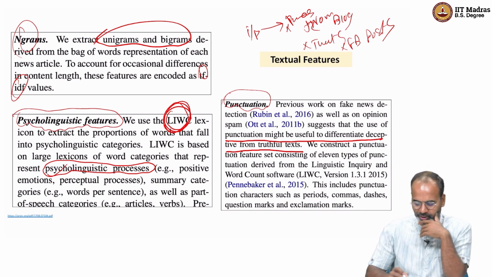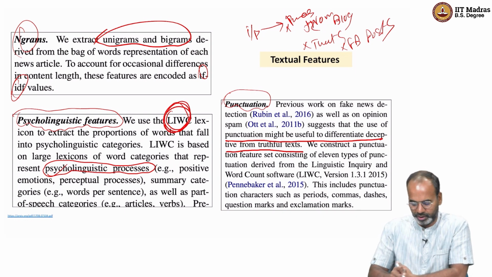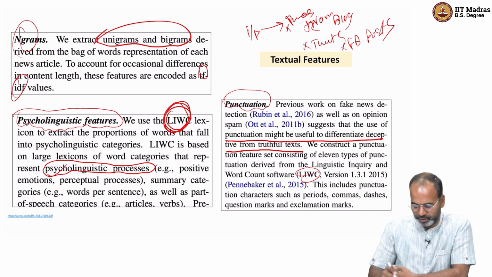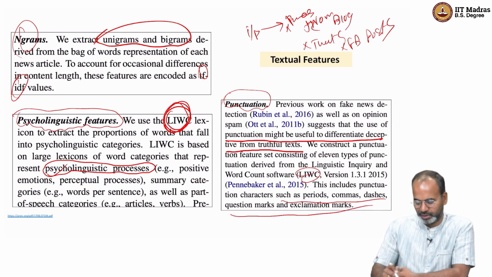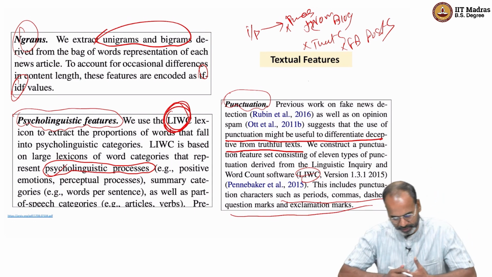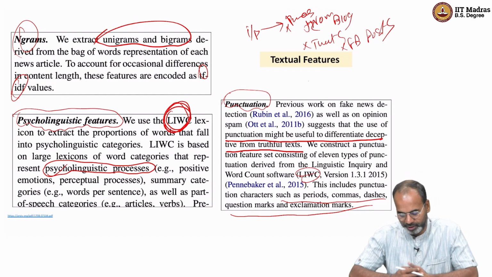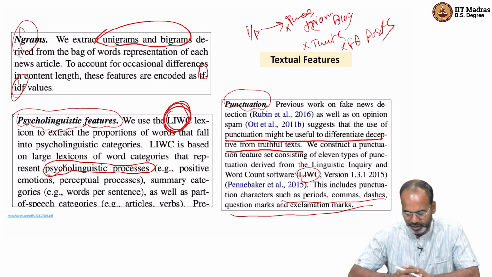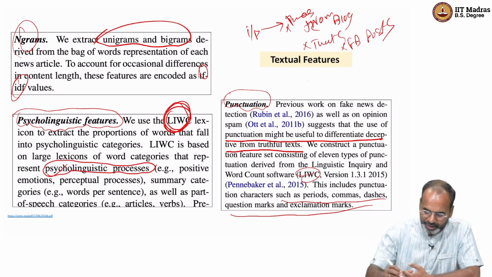We construct a punctuation feature set consisting of 11 types of punctuation derived from Linguistic Inquiry and Word Count, which is LIWC again. This includes punctuation characters such as periods, commas, dashes, question marks, and exclamation marks. There is also this belief, or it's also quantitatively shown, I've done it myself, that in phishing emails or messages, there are actually a lot of spelling errors.